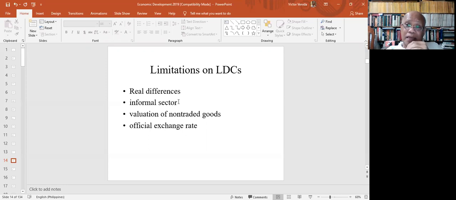Therefore, the GNP data may actually not reflect the total output of the economy, because the output and incomes being paid in the informal sector cannot be measured. Data cannot be obtained very easily.